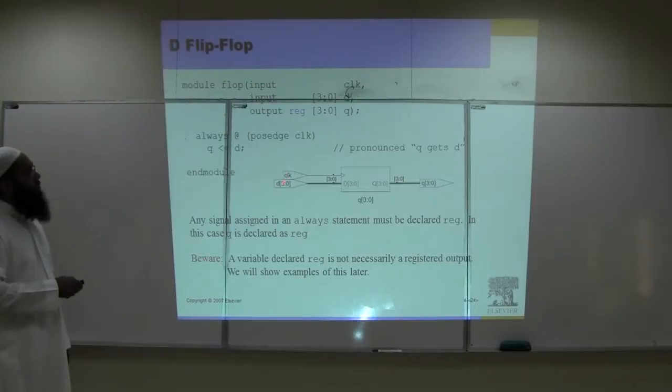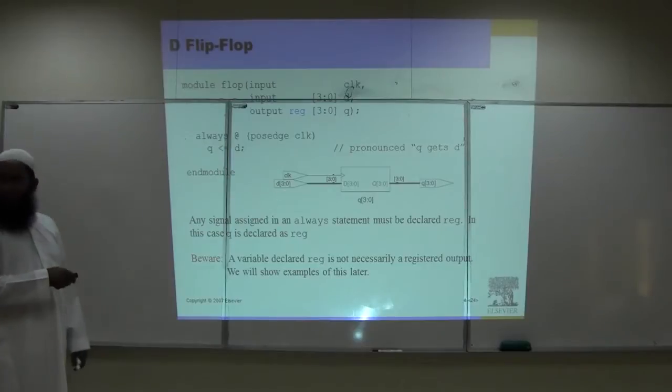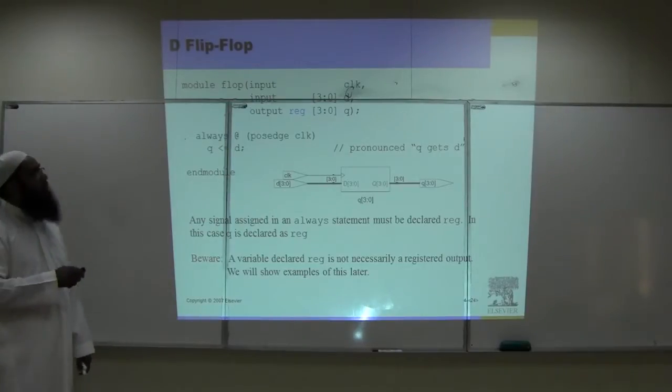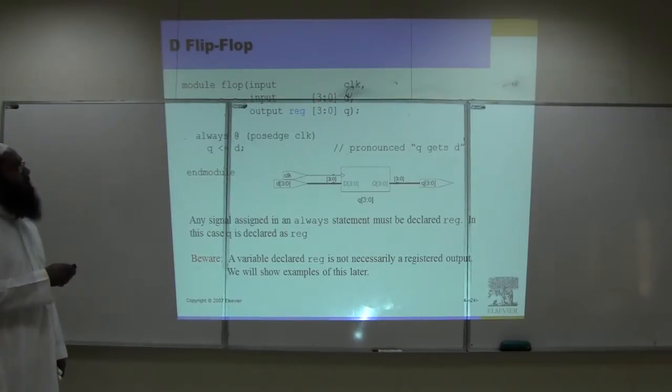Now it has two inputs, input clock and input D. This is a flip-flop of 4 bits. It can store 4 bits, that's why D is 4 bits. And we have one output Q, which is also 4 bits.